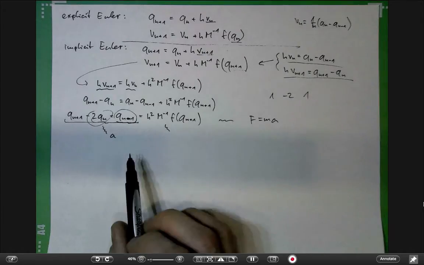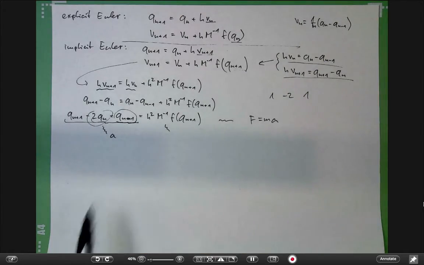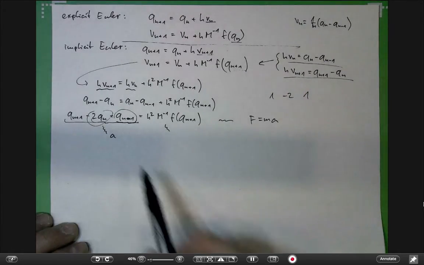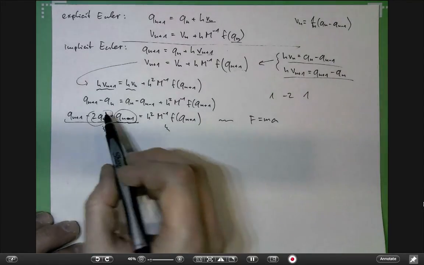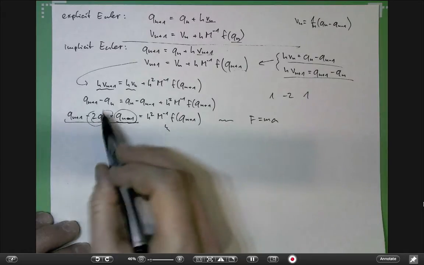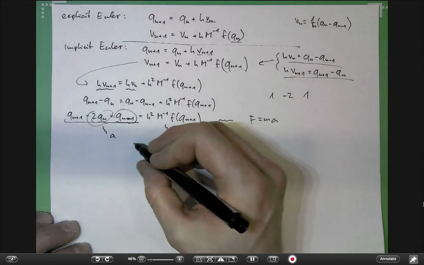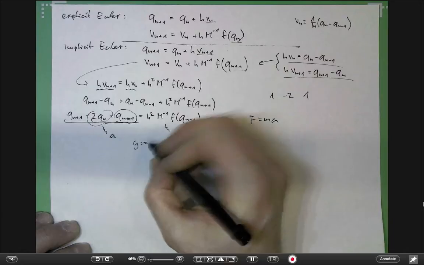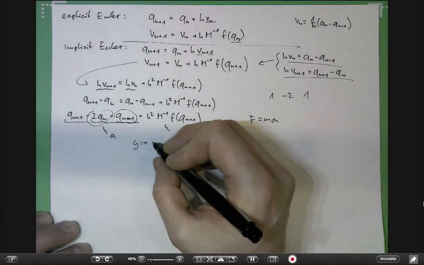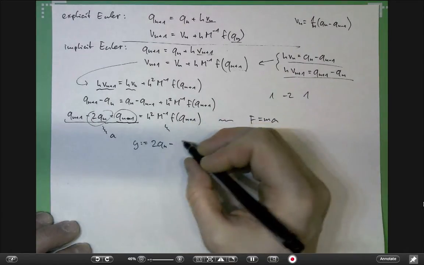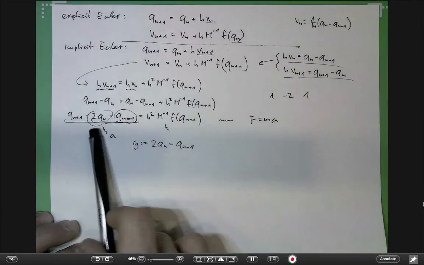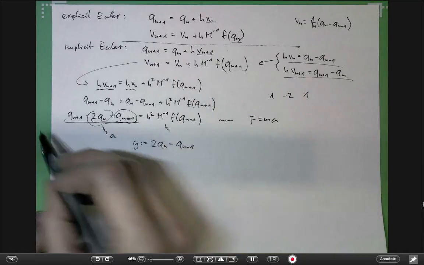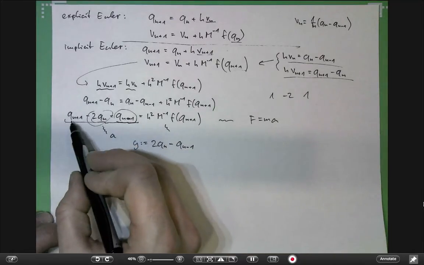So let me simplify the notation a little bit to make the formulas a little more palatable, if you will. Because both of these things are known, I can just aggregate them. So I can define a new variable y to be, by definition, 2qn minus qn minus 1. And I explained before that the unknown is qn plus 1, right?